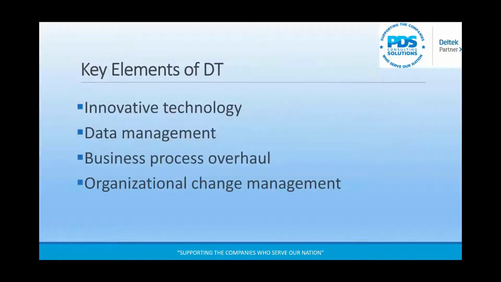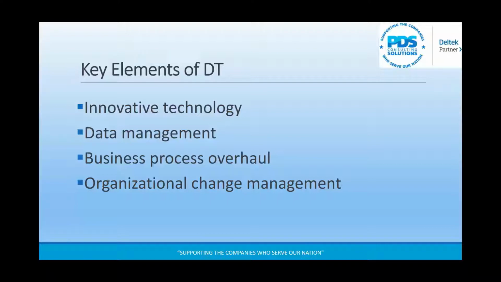The key elements of digital transformation today are, first, to stay on top of technology and get the most innovative technology, meaning your ERP, your accounting system with all your add-ons that do your management reporting, your financial analytics, your project control systems, the most advanced systems for data management.